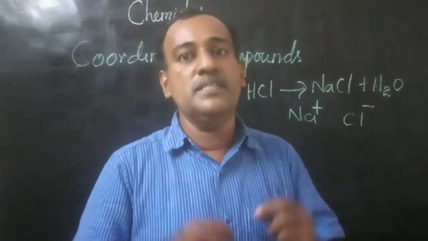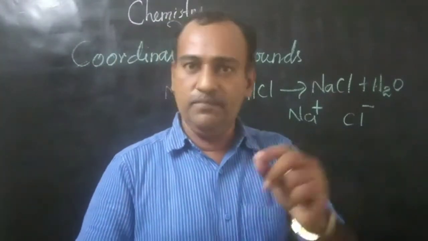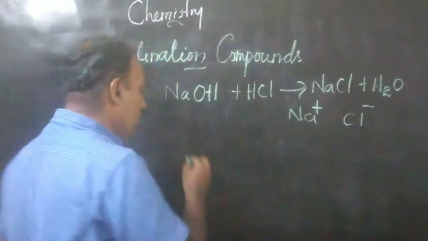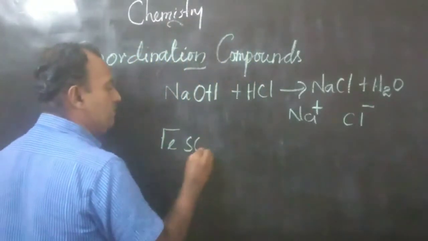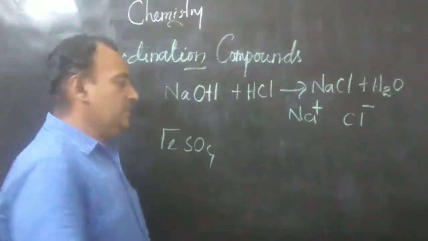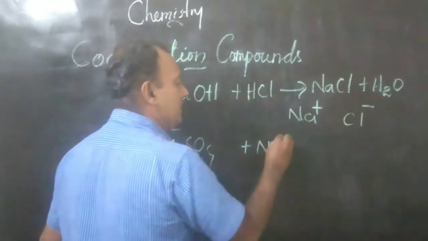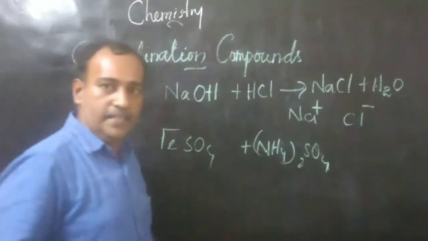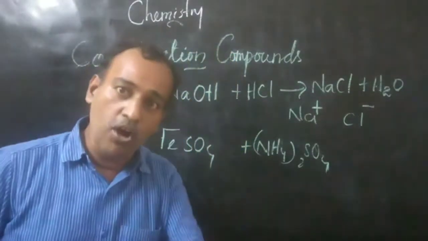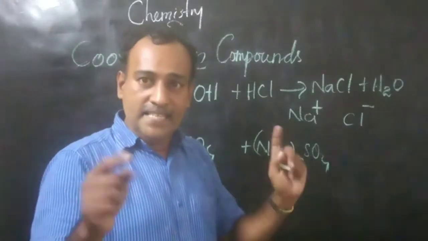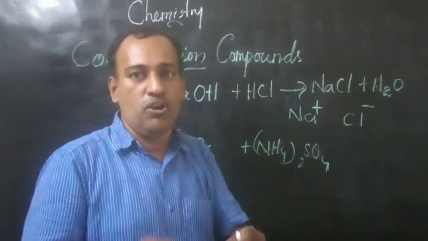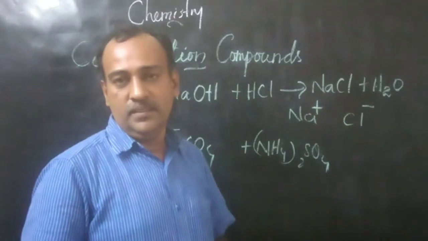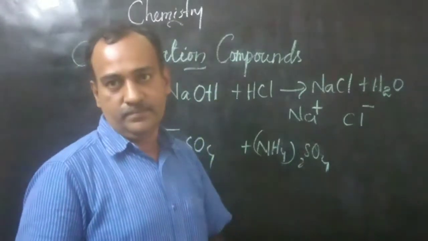Take two simple salt solutions, for example, ferrous sulfate, which is one of the simple salts, and ammonium sulfate, (NH4)2SO4. Mix these two simple salt solutions in a beaker.